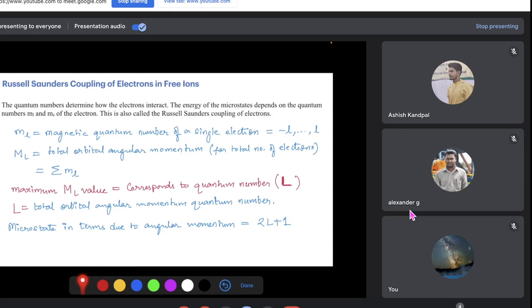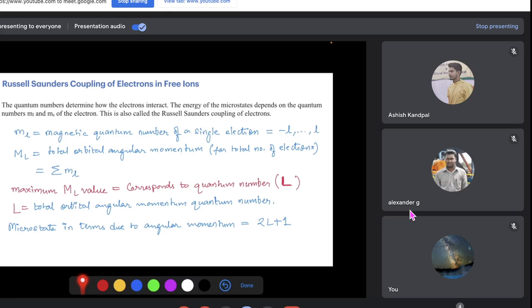In the first row transition series, the spin-orbit coupling can generally be ignored. For elements with atomic number greater than 30, the spin-orbit coupling becomes more significant, and the JJ coupling scheme is used there. But here we will see the LS coupling.